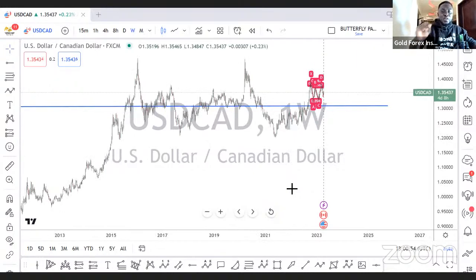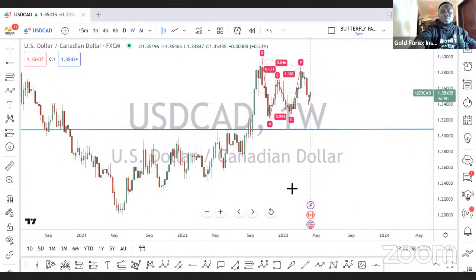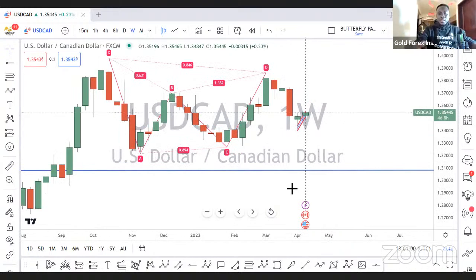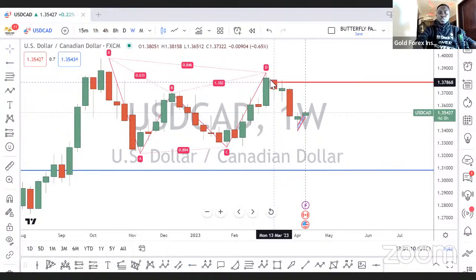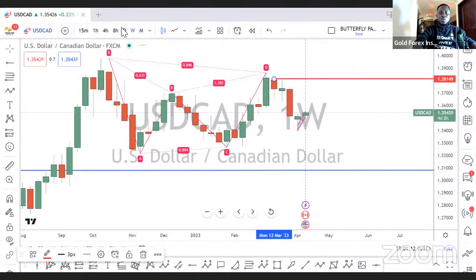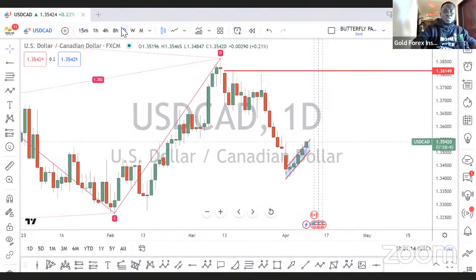Okay, I don't want to bring your mind towards something bigger. Let's look at the interim, what we are facing now. I expect it to at least come back to this zone. We could see it move to this zone, or let me see if we have any closer move.